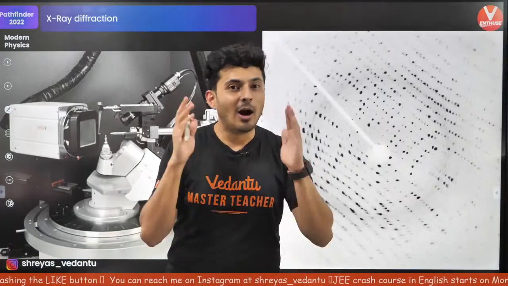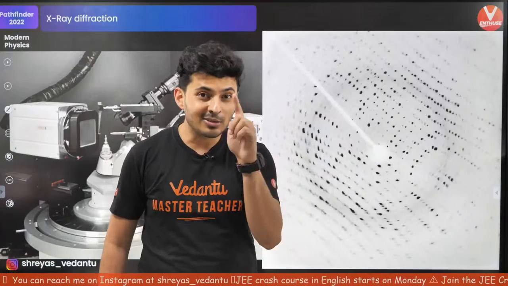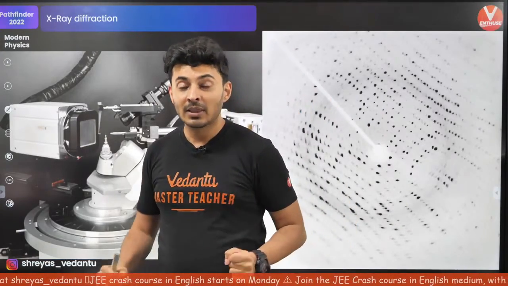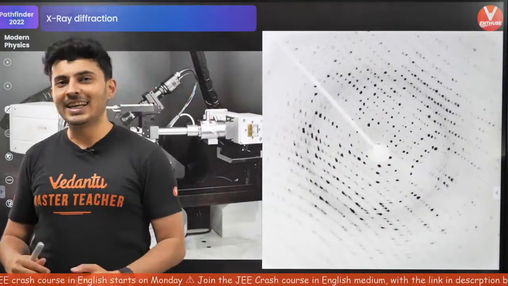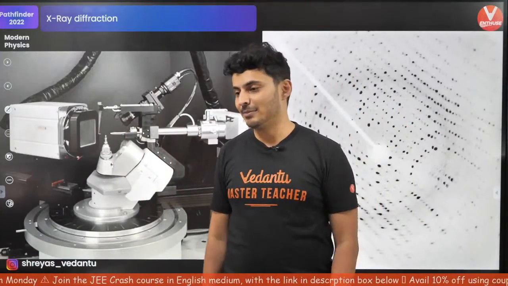But not every light will diffract, only those lights of that wavelength, of that gap, will be able to spread more. It so happens the spacing from one atom to the other atom is in the order of angstroms, and because angstroms is also the wavelength of X-rays, hence X-rays are the ones which get easily spread when they pass through atoms.